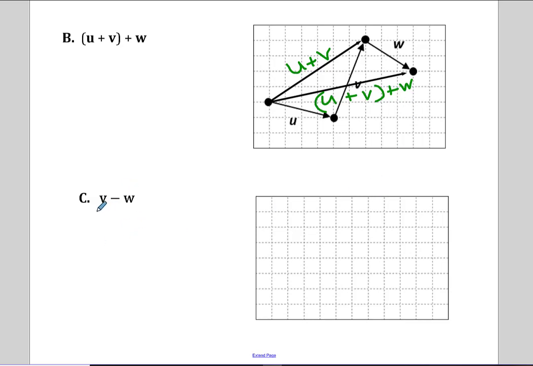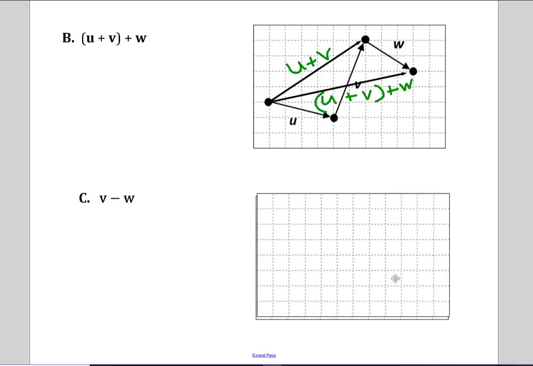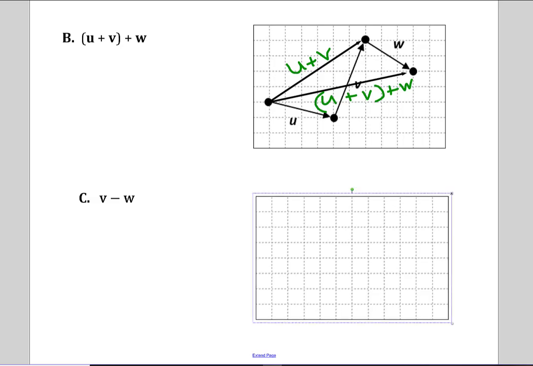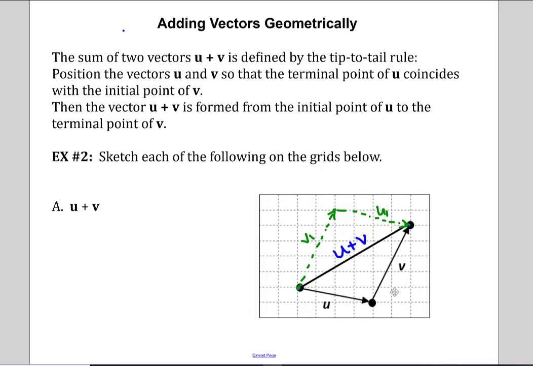If we're going to do v minus w, let's see, what was v? v was 1, 2, 3, 4, 5 up and 2 right.